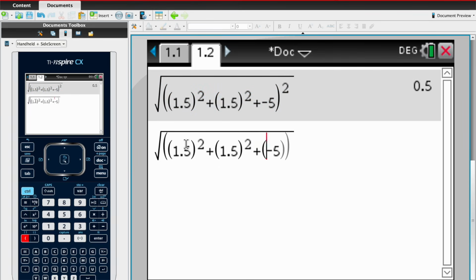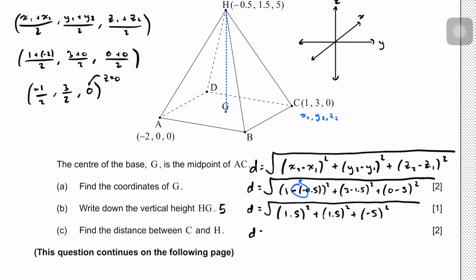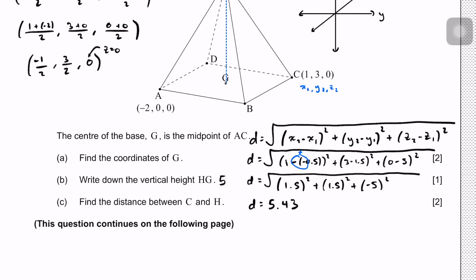A little bit of an error here. There we are. Okay, this looks good. And the answer in the end is 5.43. Okay. D is equal to 5.43. So back to the document, here it is. D is equal to 5.43, and then we should include our units. This is centimeters. All right. So let's go on.